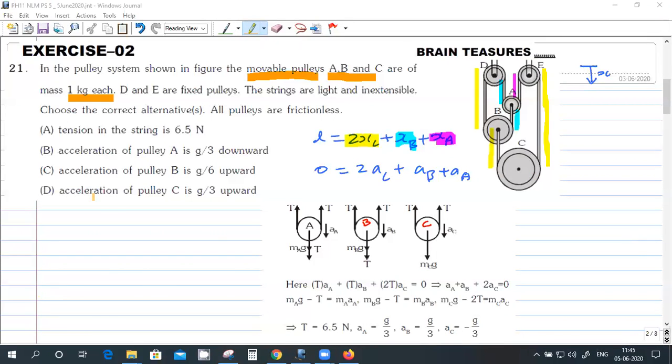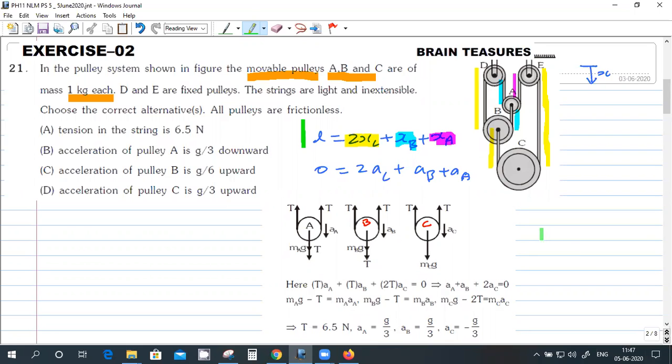Are you understanding? Yes, sir. This is a constraint equation. Sir, 6.5 Newton. Okay. An acceleration of A. You can find accelerations, right? Yes, sir. G by 3. Of which one? Everything, is it?